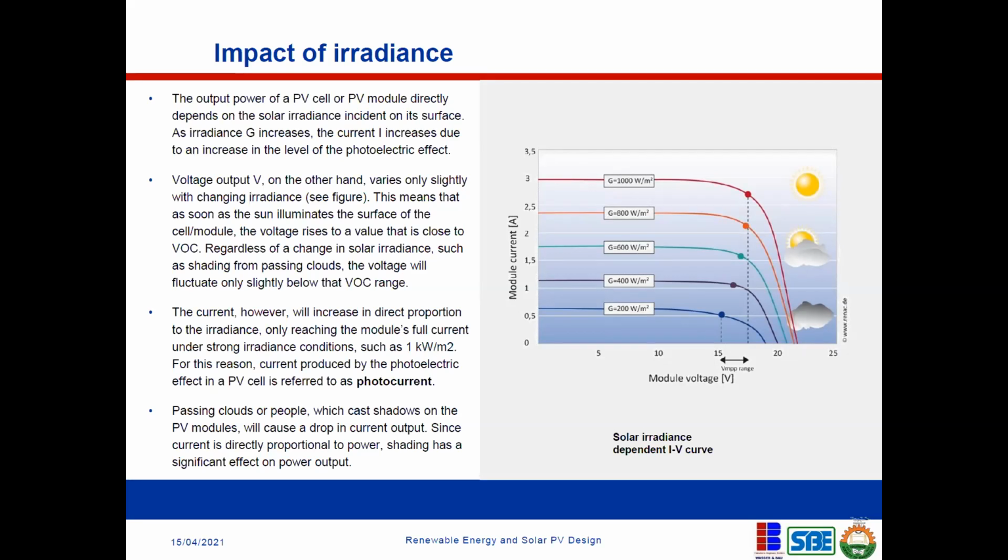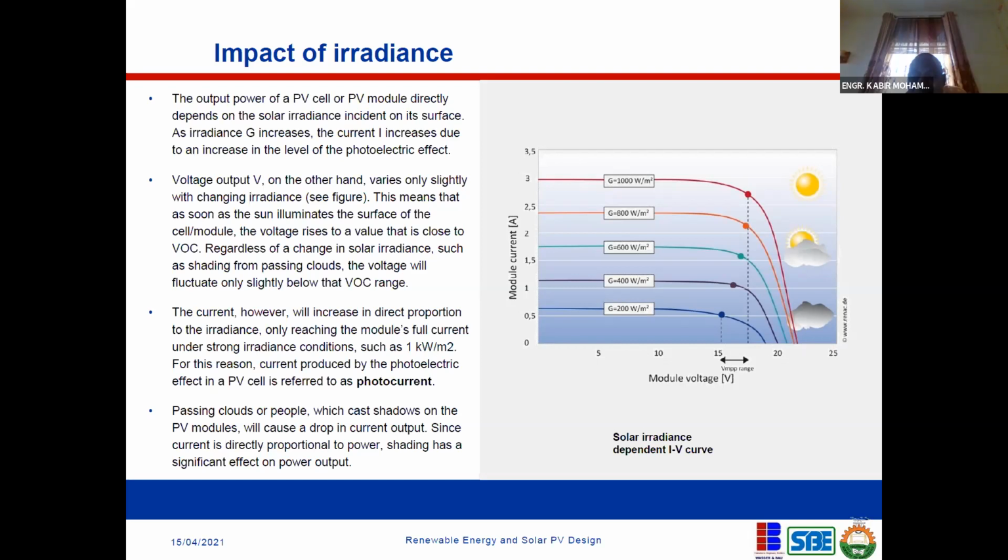But let us look at it on the horizontal side. You can see even with the changing irradiance, the voltage only changes slightly. It does not change much, right? Yeah. So this is just to illustrate the impact of irradiance on the energy output. So the moment your current increases, it increases your power output.